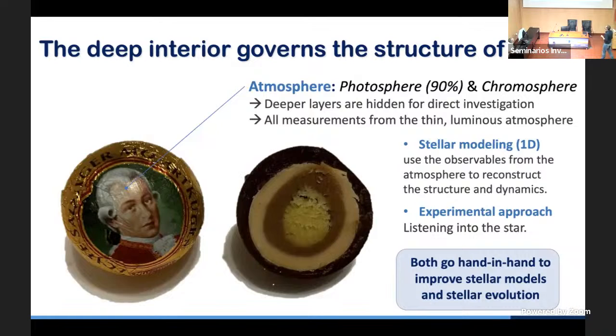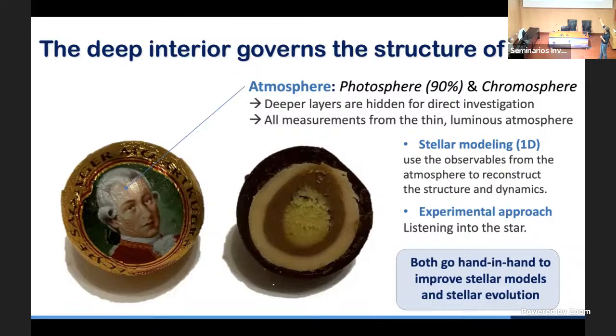The problem is that all we get from a star is from a very thin layer. Here I provide you a model of a star, and this is pretty accurate because the photosphere, the layer where we get all the information, is about as thin as aluminum foil for the whole body.